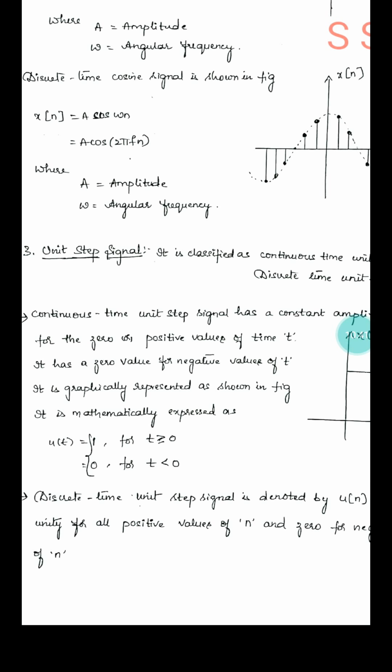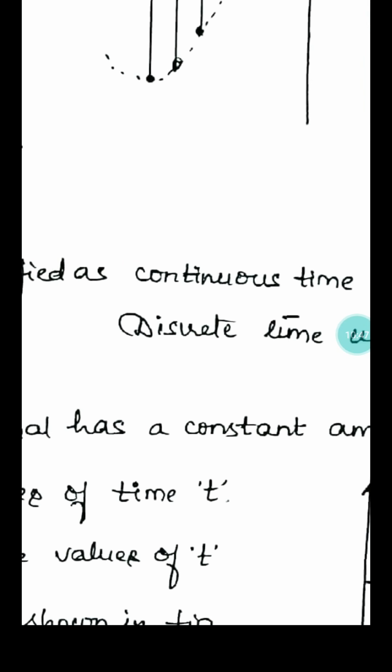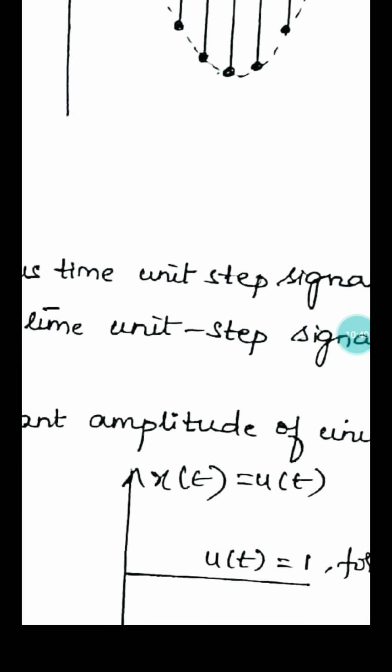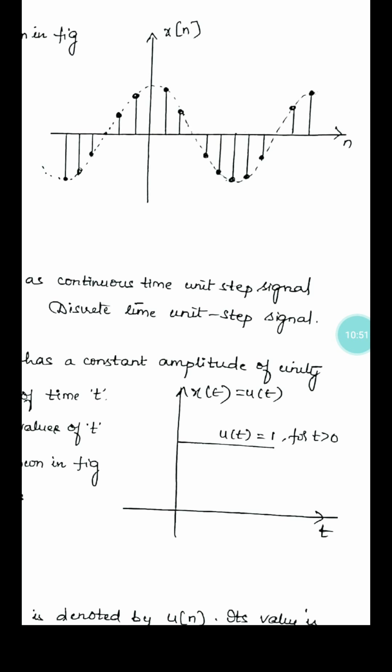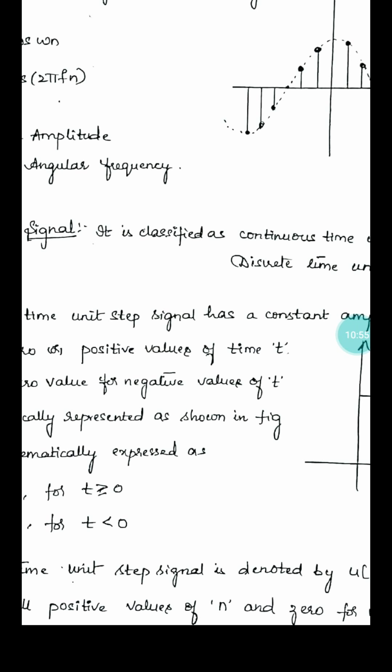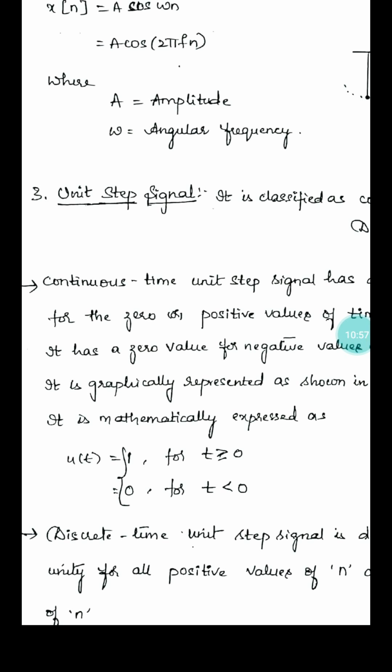Now we will see the definition. This is also classified into two categories: one is the continuous time unit step signal, and the other is the discrete time unit step signal. Now we will start with the continuous time unit step signal.